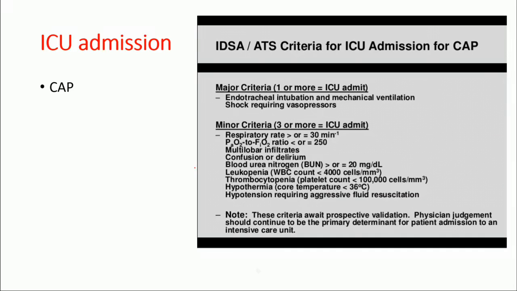But you need to also consider ICU admission for people who have very severe multilobar pneumonias. Also, here you see something unusual, leukopenia. Now usually patients with pneumonia will have a high white count. With severe pneumonia, they will have a high white count.